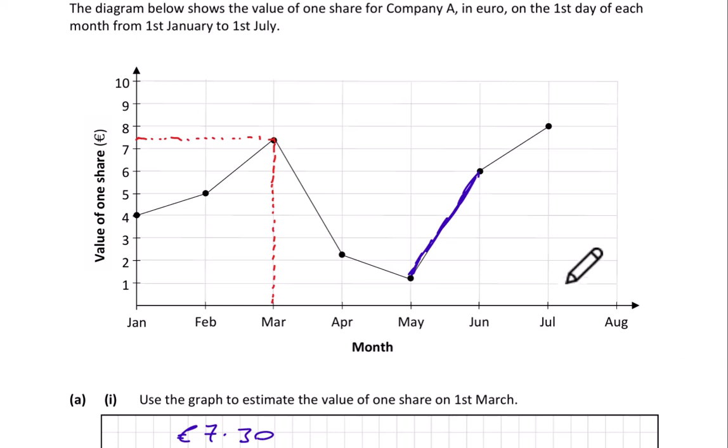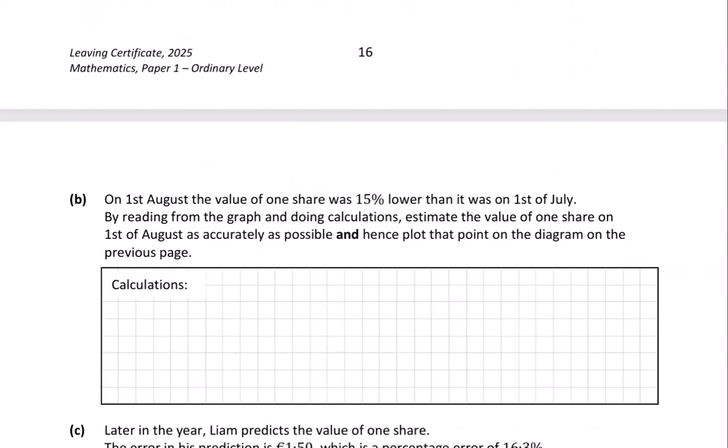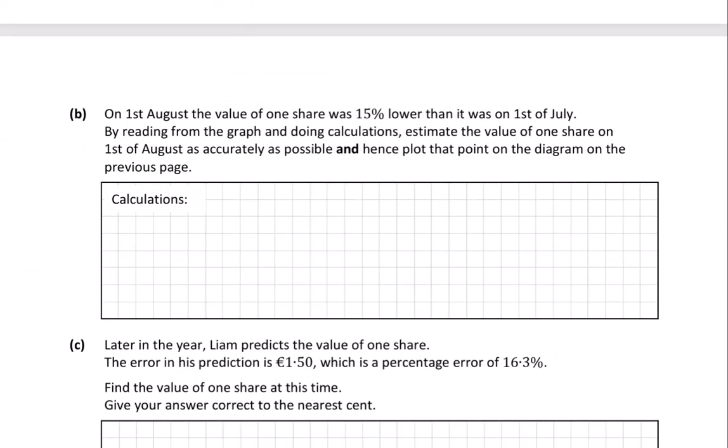The 1st of July we can see is this point here, and the shares had a value of €8. So we've got to take €8 and reduce it by 15%. So we take 8 and multiply it by, if we multiplied it by 1, it would stay the same.